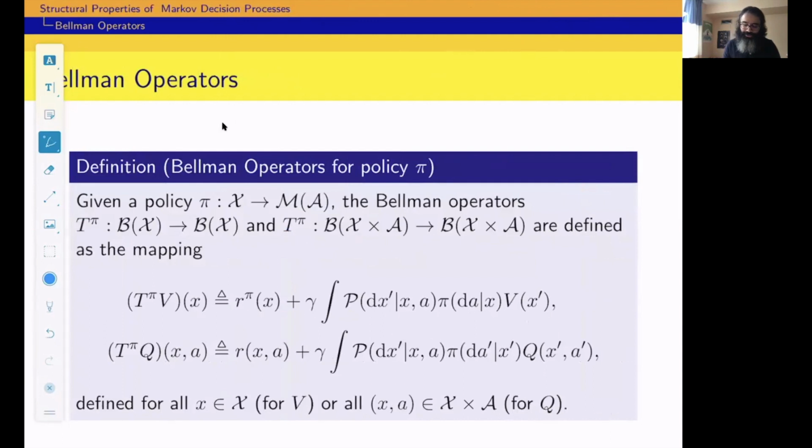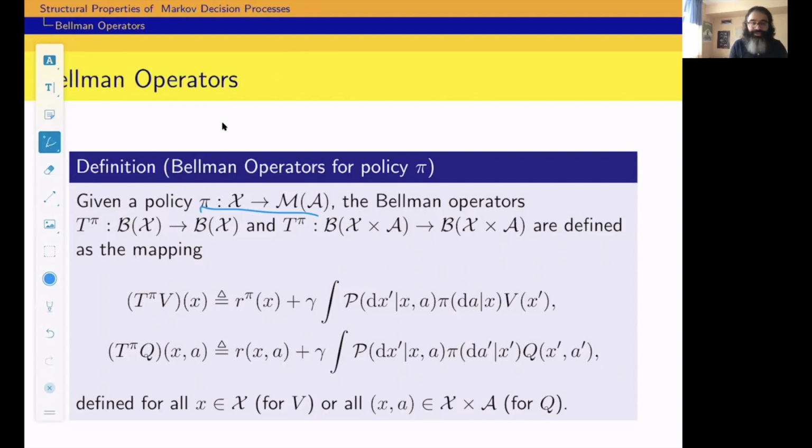Okay, so what's the definition? First, the Bellman operator for policy pi. We will later see another Bellman operator called the Bellman optimality operator. So for the Bellman operator for policy pi, we have a policy, here a stochastic policy, but it could also be deterministic. Then we have two Bellman operators here.